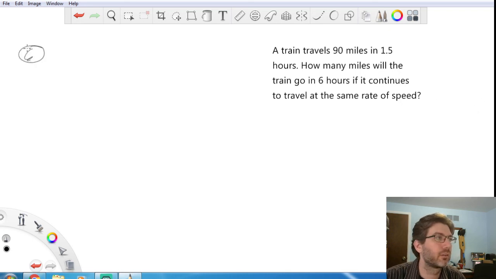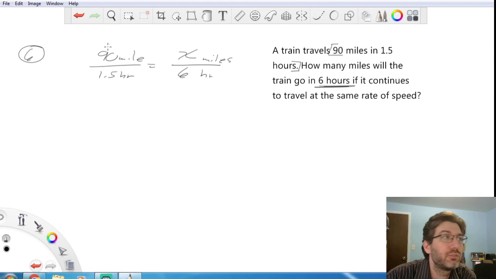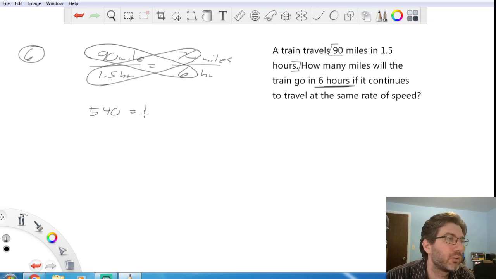This is 6. A train travels 90 miles in 1.5 hours. 90 miles, 1.5 hours. This gives you hours. Hours are on the bottom, miles are on top. You want 6 and X. Cross multiply to solve. 90 times 6 is 540. 1.5 times X is 1.5X.